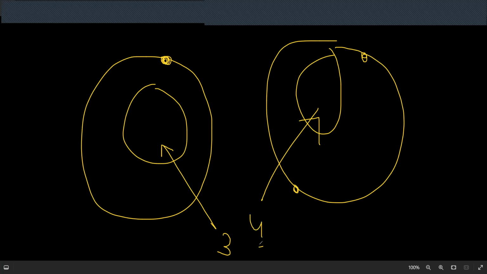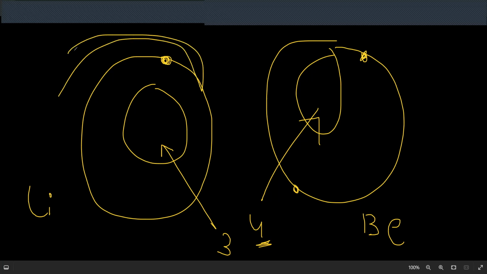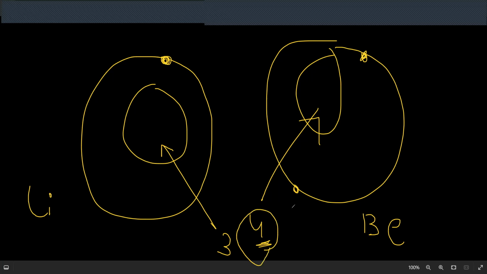So beryllium will have more nuclear attraction than lithium. But here we don't see much difference in shielding effect because there is no other shell. It's only 2 shells in both cases. So the shielding caused by an extra electron is very small compared to the increase in nuclear attraction. So effective nuclear attraction also increases. Hence, the size decreases.